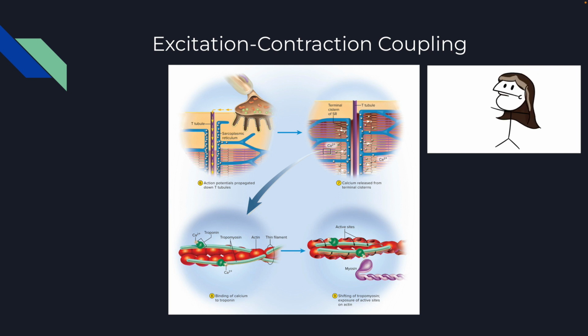This opens calcium channels to let calcium ions out of the sarcoplasmic reticulum, down the concentration gradient, into the cytosol. This calcium then binds to troponin on the thin filaments. This causes the troponin-tropomyosin complex to expose the active sites on the actin. They are then available to bind to the myosin heads.